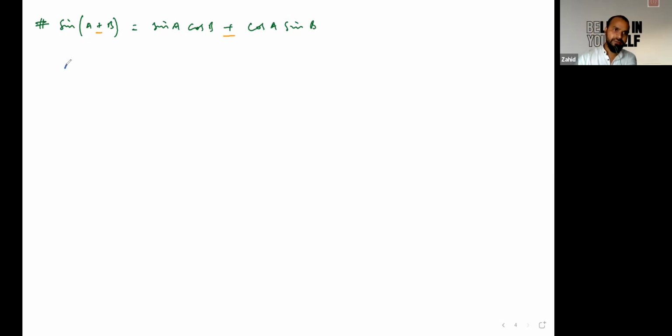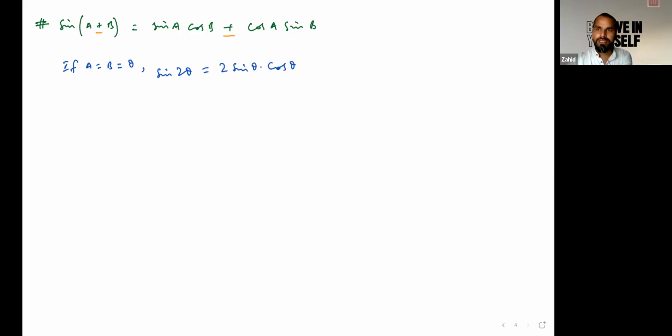Now, if A equals B equals some theta, then this becomes sine of 2 theta. So it will be sine theta cos theta plus cos theta sine theta, which becomes 2 times sine theta cos theta.